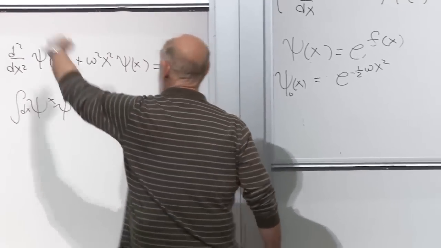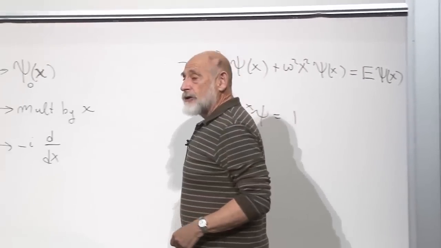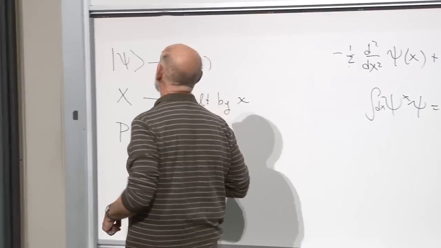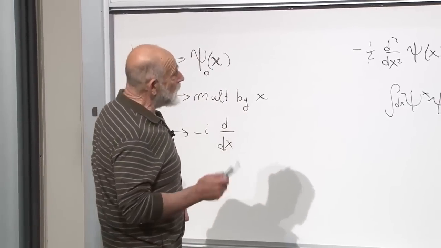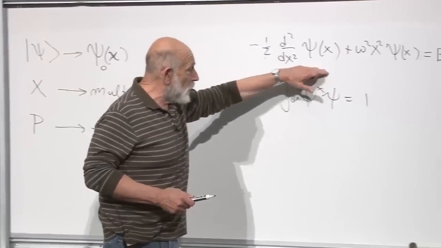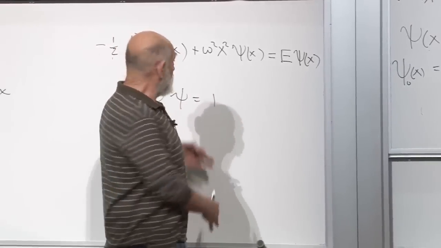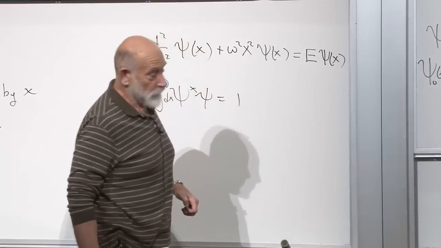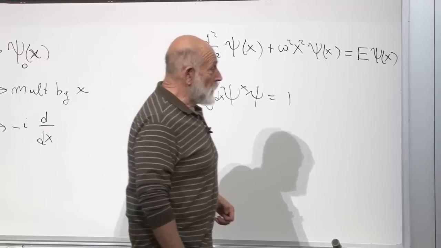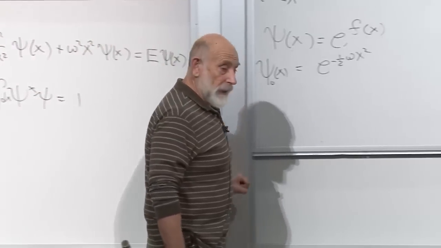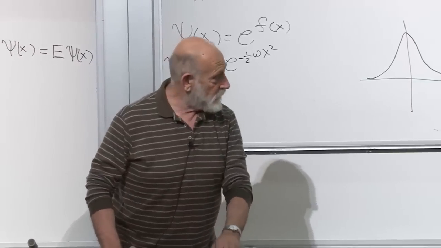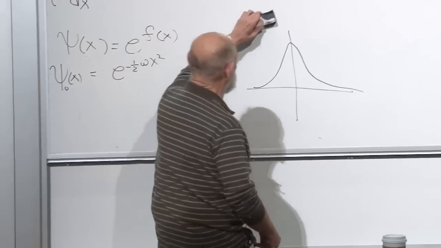We know that from all the algebraic tricks over here. So if we plugged this function back into this Schrödinger equation, we would discover that E is equal to 1/2. So we know the ground state wave function. We have one eigenvector of the energy.